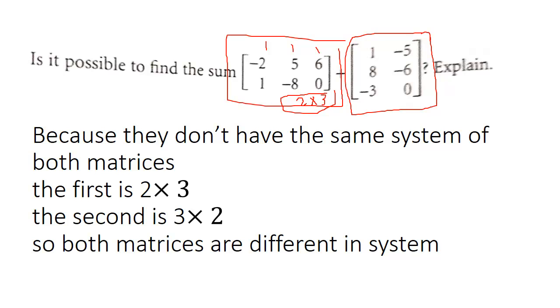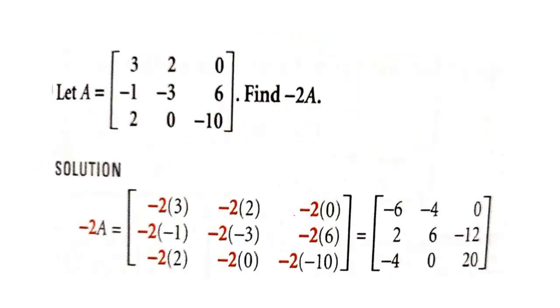The next one: 1 is the first row, second row, third row. So 3 times how many columns? 2. Here the size is 2 times 3. Here the size is 3 times 2. Can we make add? Of course not, because they don't have the same size. To make sum or minus, they must have the same size. So let's see the next one.